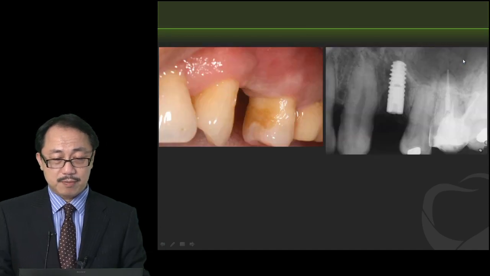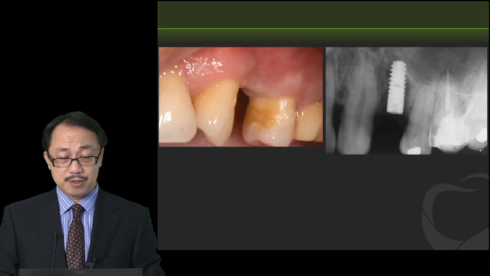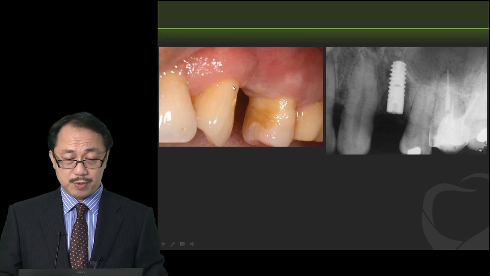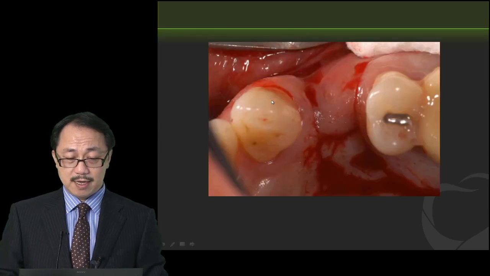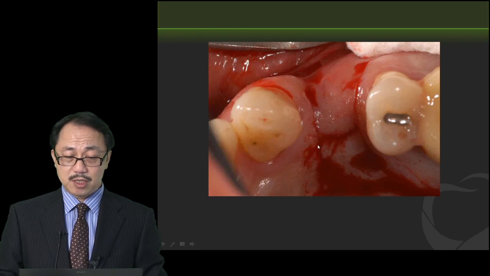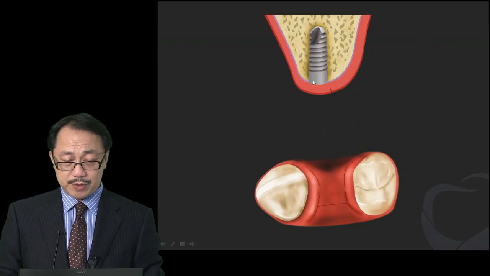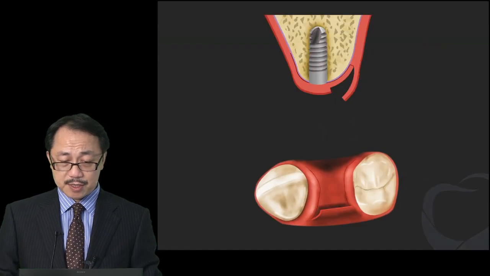Now this is a premolar. During the second stage, concavity occurred. We then provided the roll technique procedure to augment this area with tissue moving from palate to the buccal. This is the procedure that was illustrated, with this flap elevated from the palate as thin as possible.